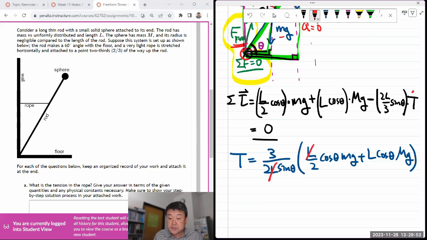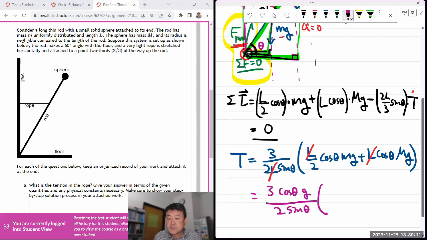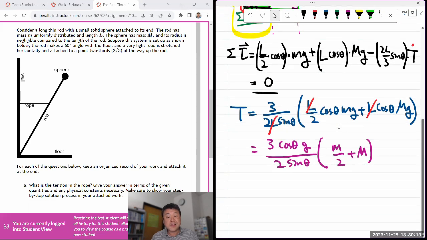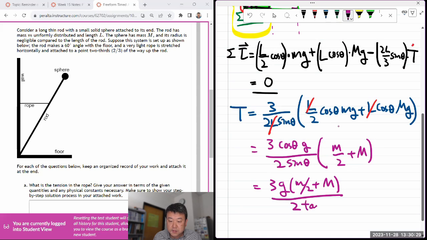L's cancel, that's nice. And I think I can factor out cosine theta g from both terms. I have 3 cosine theta g over 2 sine theta times small m over 2 plus big M. And just one last bit of simplification, I can write sine over cosine as tangent theta to get 3g times (m over 2 plus big M) divided by 2 tangent theta.